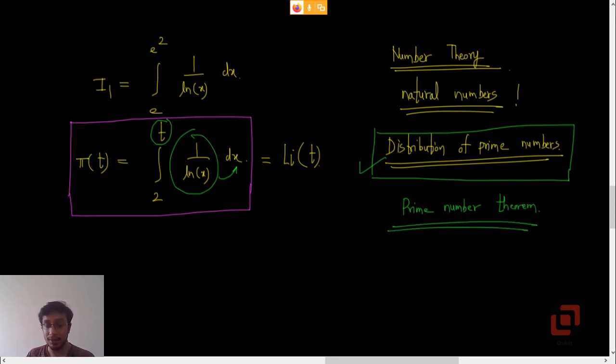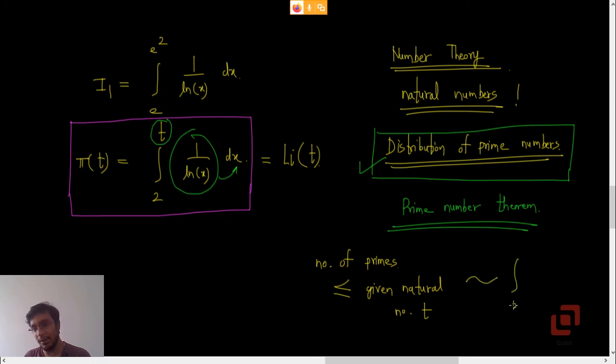And the prime number theorem says that the number of primes less than or equal to a given natural number x, or let's call it t now, gets closer and closer to the value of the definite integral of 1 upon log of x dx.